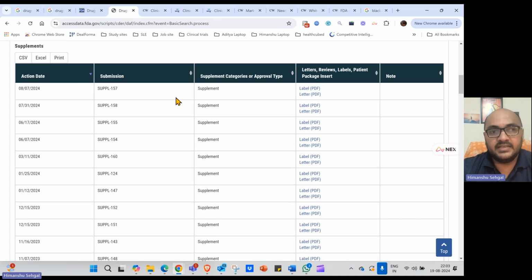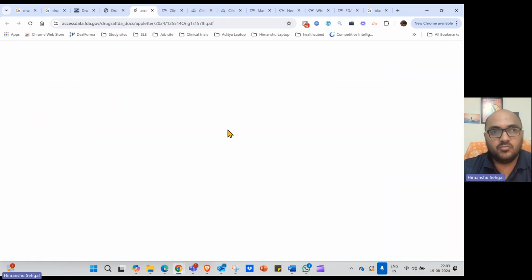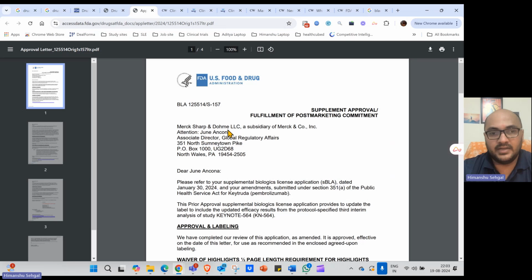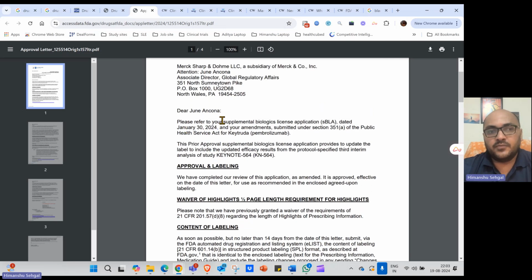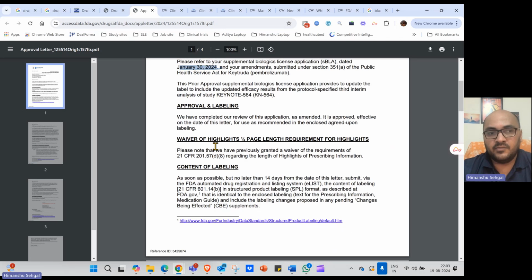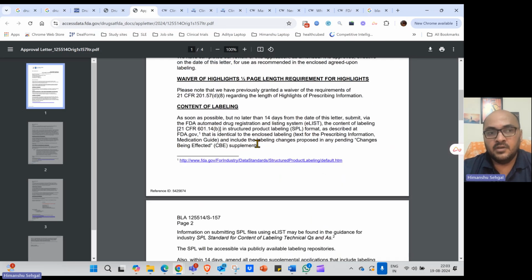Okay, so see the latest. It was a supplement document, label, and the letter. So on what basis? Let me show you what the letter looks like. It refers to a supplement BLA, sBLA, which was filed on 30th January 2024, an amendment, and subject to section 351 of the Public Health Service Act, about this approval, labeling, waivers, content and label.